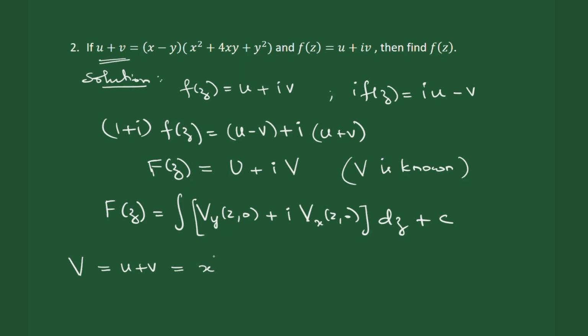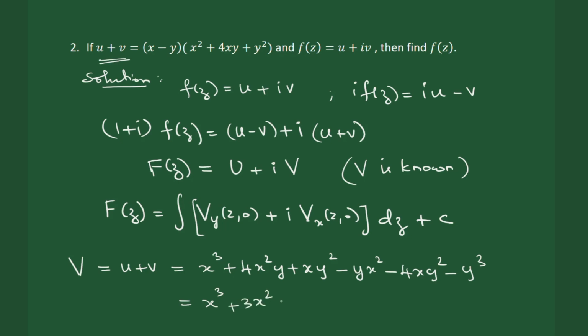That gives x cube plus 4x square y plus xy square. Again multiplied by minus y: minus y x square minus 4xy square minus y cube. If we simplify this, it is x cube, then 4x square y minus x square y gives plus 3x square y. Similarly, xy square minus 4xy square gives minus 3xy square.